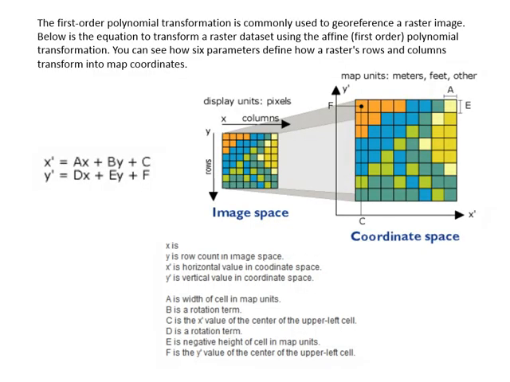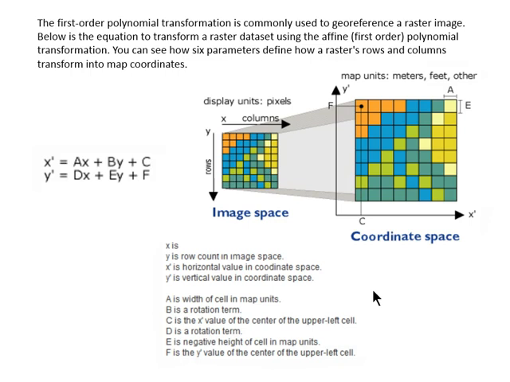So here you can see how the affine transformation is used to transform, pixel by pixel, a raw, ungeoreferenced image into a georeferenced coordinate space. It looks very simple in this diagram here, but this is the principal transformation that's used in ArcGIS Desktop.